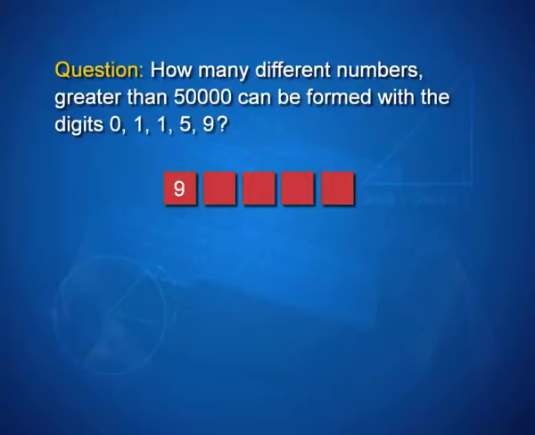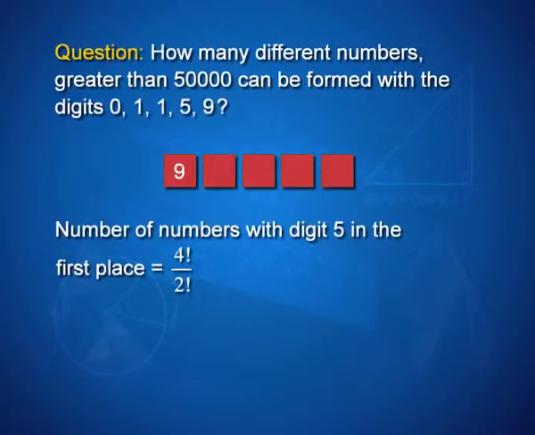Alright, so now let us take a case where instead of words and letters, we are dealing with numbers. The problem says: how many different numbers greater than 50,000 can be formed using the digits 0, 1, 1, 5 and 9? Again, we are looking at a 5-digit number, but that number must be greater than 50,000.